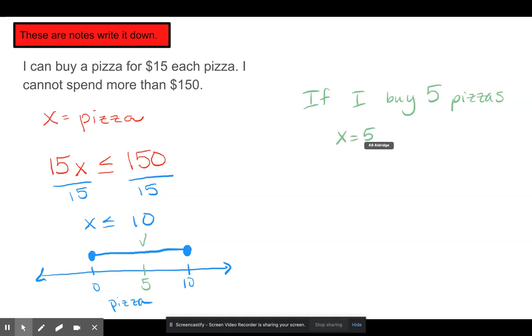So X equals 5. 15 times 5 is less than or equal to 150. Yeah, $75 is less than or equal to 150. This works. Of course, I can always buy 0. But the most pizzas I can buy is 10.